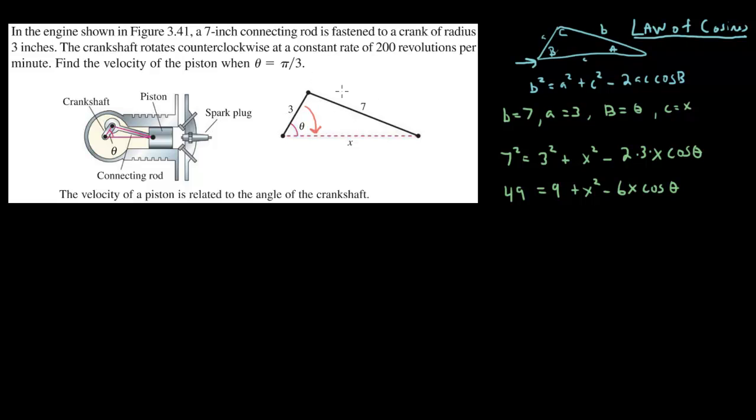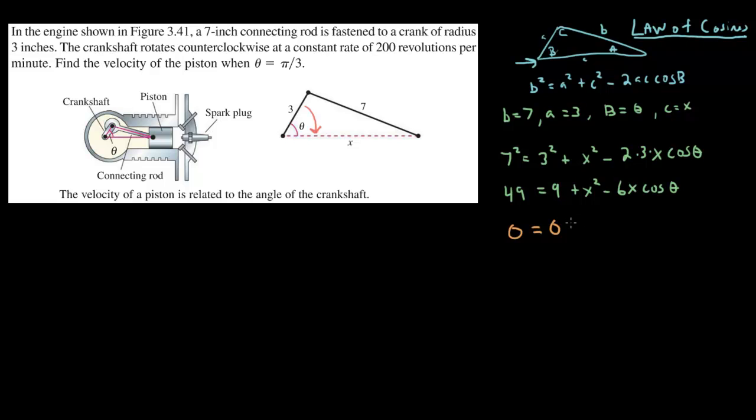We want to relate what we know and the variables theta and x. Okay, so let's see here. If we differentiate both sides of this equation with respect to t, we'll get 0. The derivative of 49 is 0. The derivative of 9 is 0.